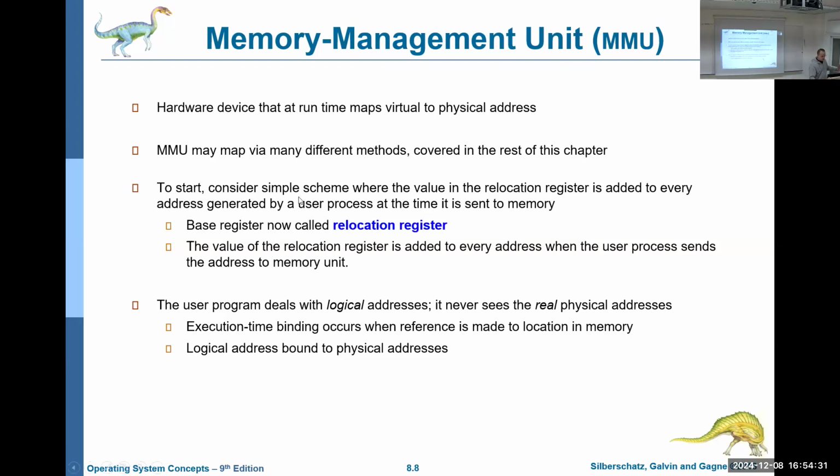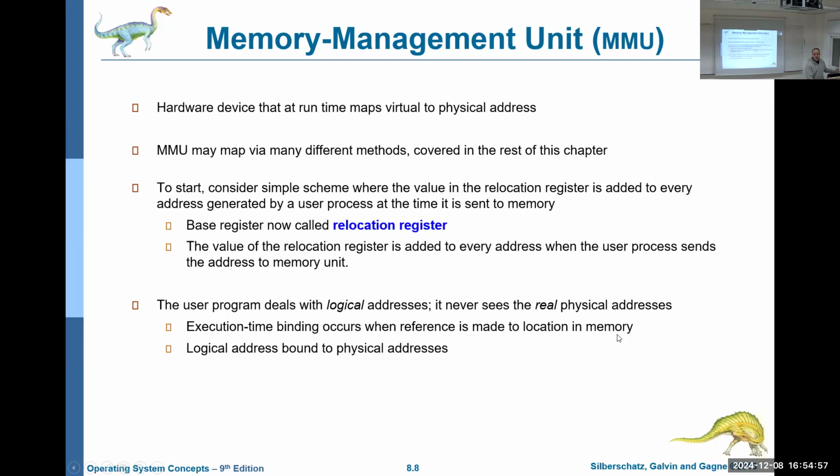So consider the simple scheme where the value in the relocation register is added to every address generated by a user process at the time it is sent to memory. The base register is now called the relocation register. The value of the relocation register is added to every address when the user process sends an address to the memory unit. The program deals with logical addresses. It never sees the real physical addresses.